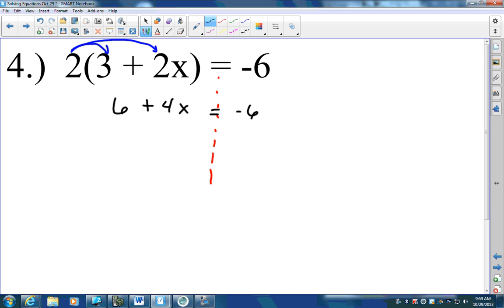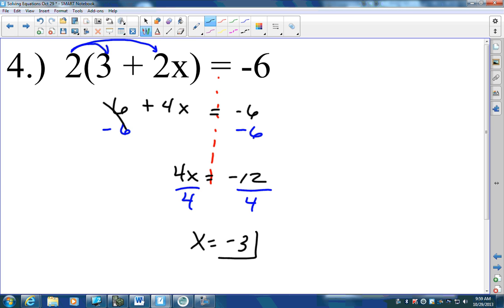And that equals negative 6. Now, just like our two-step problems, we subtract 6 from each side. I get 4x equals negative 12. And I'll divide by 4. And I get x equals negative 3.